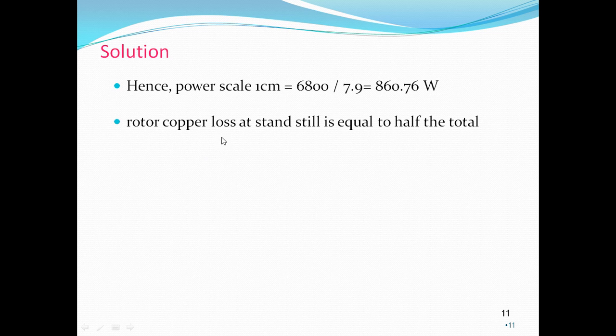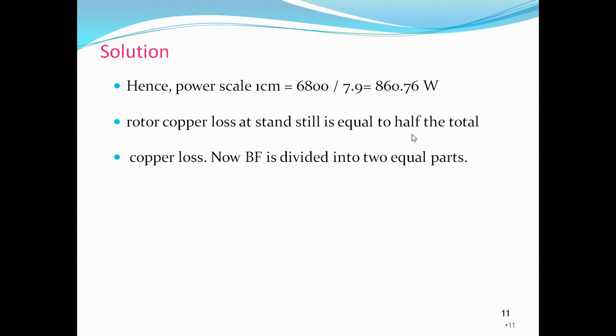And rotor copper losses at standstill is equal to half of the total copper losses. So now BF is divided into two parts. How do we have to divide? BF shows the rotor copper losses and stator copper losses, such that BE is equal to EF.